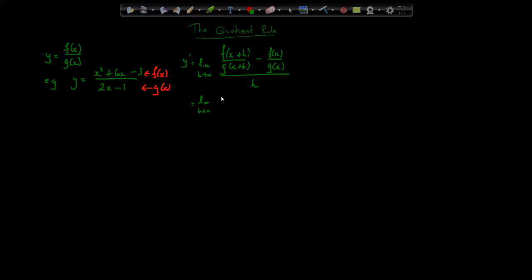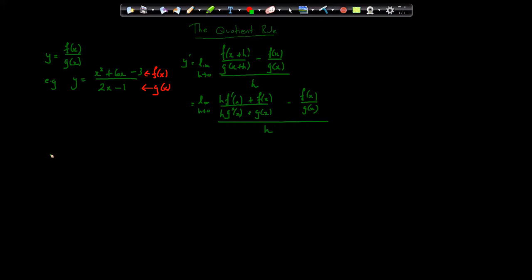Okay, so this f(x plus h) can be replaced with this equivalent expression. And g(x plus h) can be replaced with this equivalent one that we get once again from the same kind of working. So it's g dash x plus g(x), and we're subtracting this still, and all of that over h.